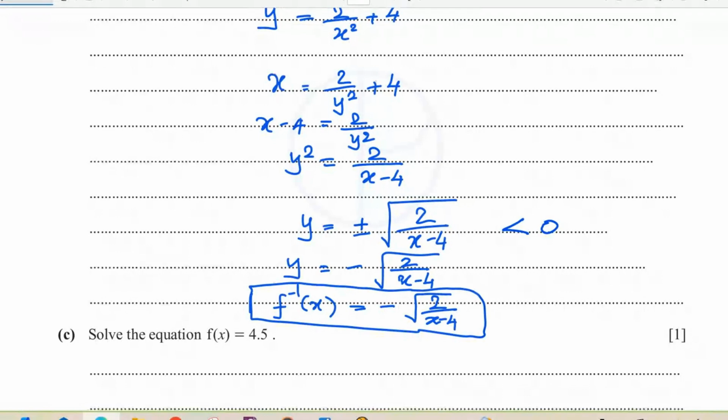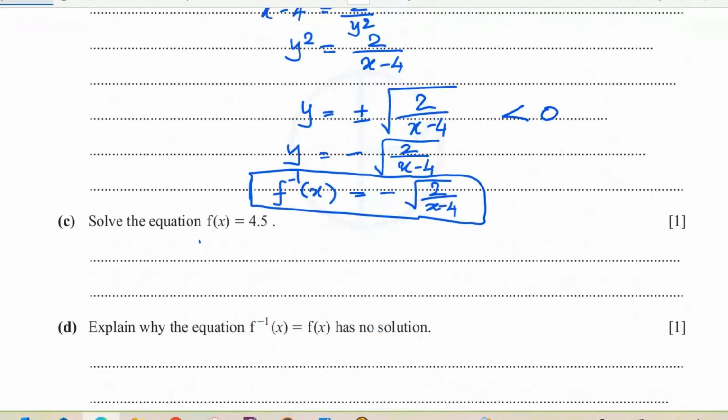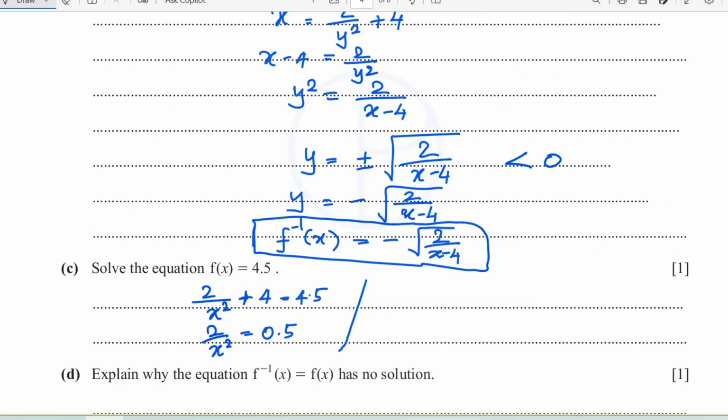So f of x is given as 2 divided by x square plus 4, which is equal to 4.5, or we can write 2 over x square equal to 4.5 minus 4, which is 0.5. x square equal to 2 divided by 0.5, which is equal to 4.